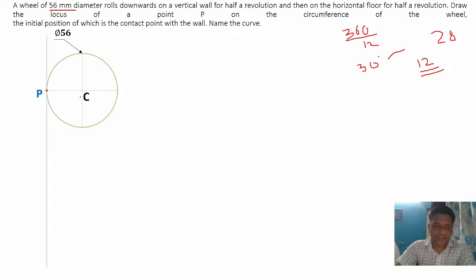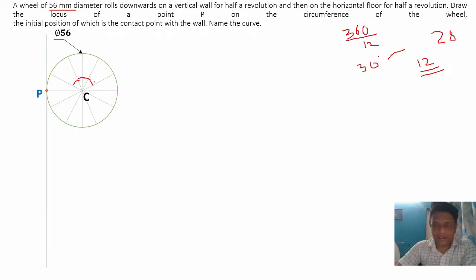This is the center C. Take an angle of 30 degrees from here and divide this into the first part. Then again take an angle of 30 degrees from here and divide it into further parts. Then this is also 30 degrees. Then take 30 degrees from this vertical line and we'll get one more division, and then again 30 degrees from this side.